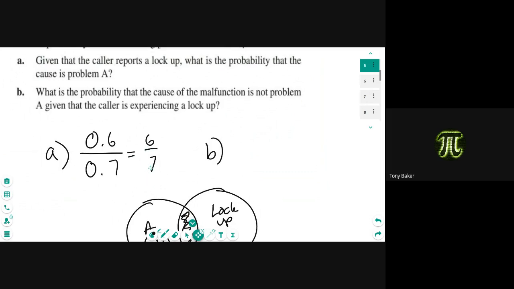The complement is always 1 minus, so 1 minus 6/7 would be 1/7. So the opposite of the problem being A is the problem is not A, and that'd only be a 1/7 chance. Okay.